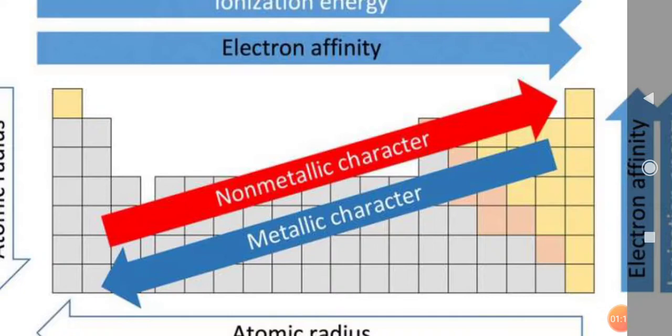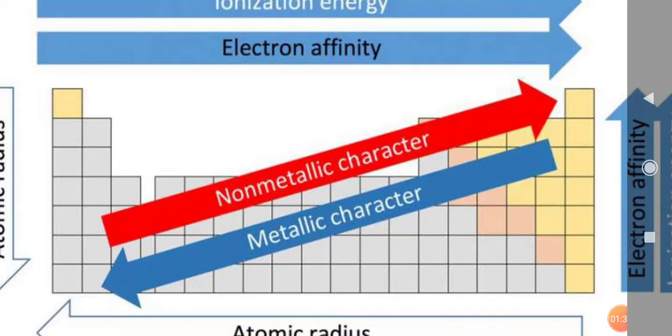Now, moving to the ionization energy values of group 14 elements, they decrease as we move downwards. This is due to the poor shielding effect of d and f orbitals.